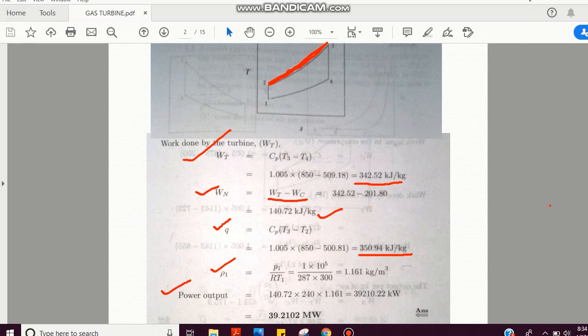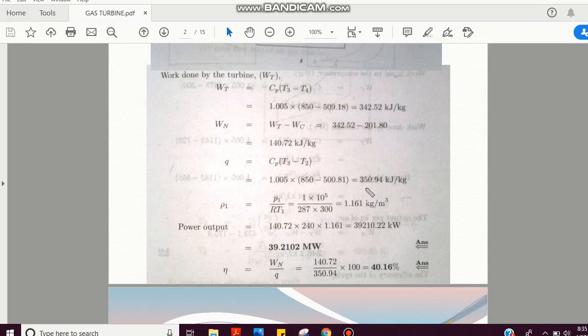Now the power output is the net work done, 140.72, into the volumetric flow, that is 240 meter cube per second, into the density of the air. So that becomes 39.2102 megawatt.